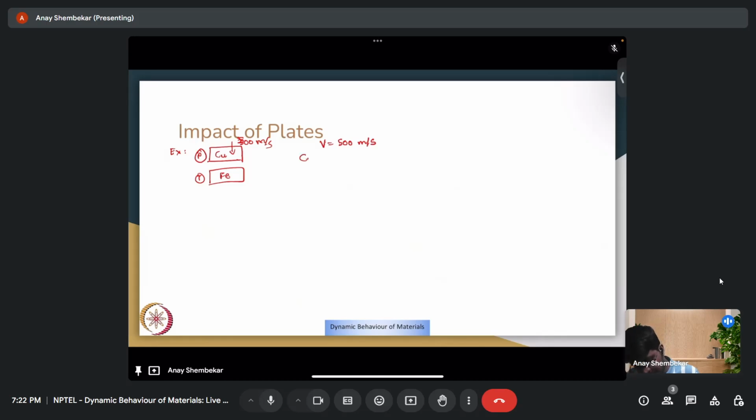Then for copper, my equation of state is U shock equal to 3940 plus 1.49 UP meter per second, and for iron, it is 3570 plus 1.90 UP meter per second.